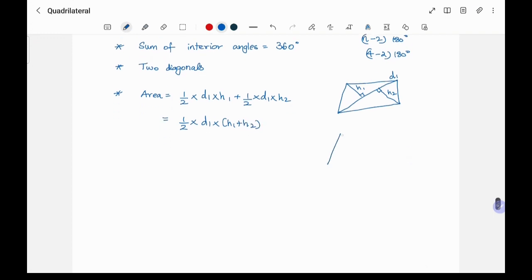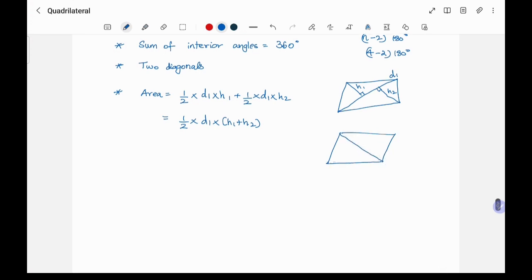The other formula, which can be proved using vectors: if there are two diagonals of length d1 and d2, and the angle between them is some theta, it can be this or this, the area will be given by half into d1 into d2 into sine theta.